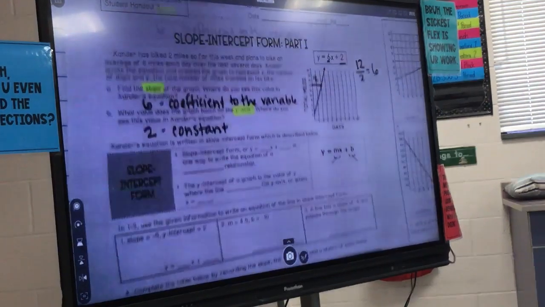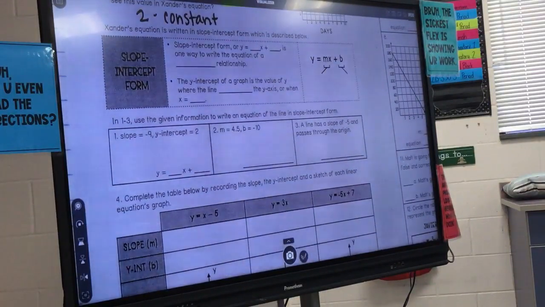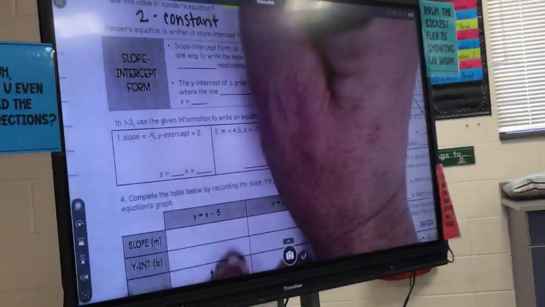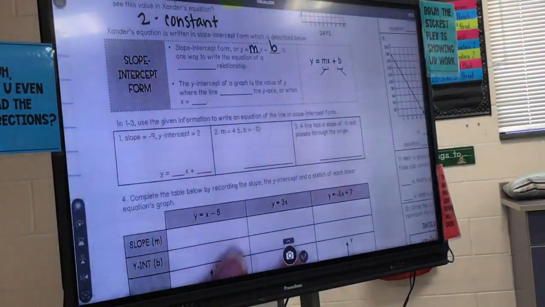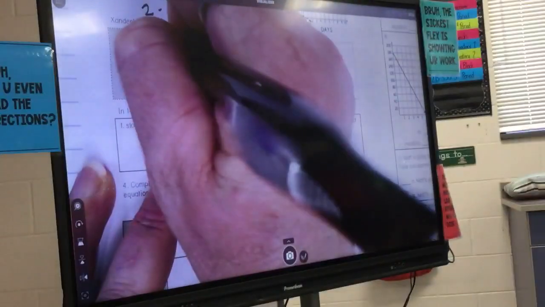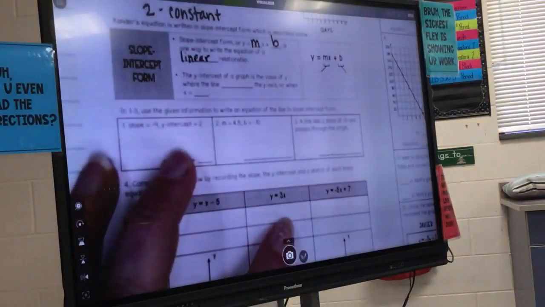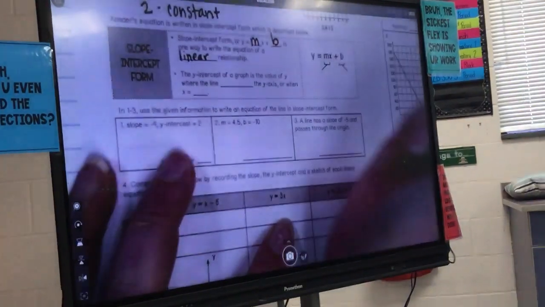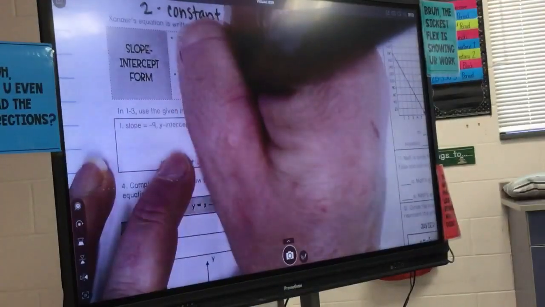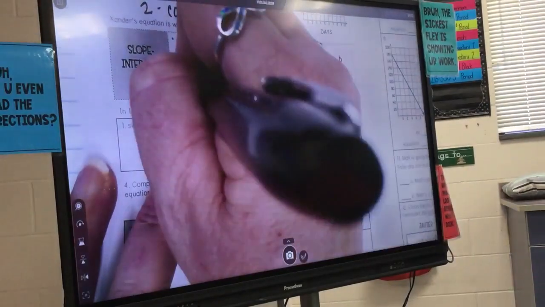All right, so let's review y-intercept form. So it says slope-intercept form, or what's our equation that we always refer back to? Y equals mx plus b. All right, is one way to write the equation of a linear relationship. The y-intercept of a graph is the value of y, where the line crosses the y-axis or when x equals 0.